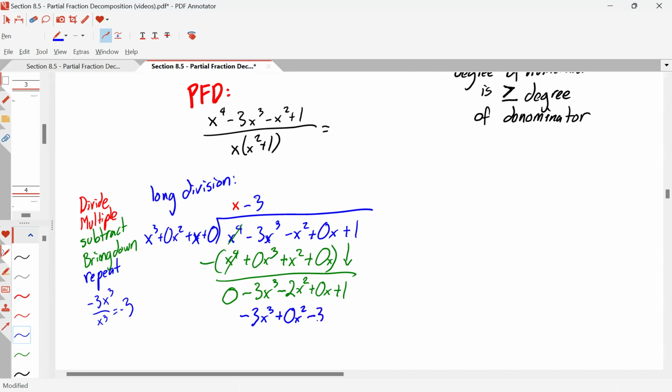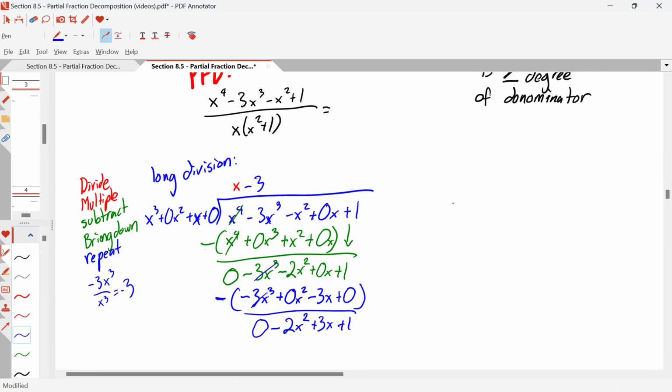Negative 3 times x is negative 3x, and negative 3 times 0 is 0. We subtract. Negative 2 minus 0 is negative 2. 0 minus a negative 3 is a positive 3. And 1 minus 0 is a positive 1.